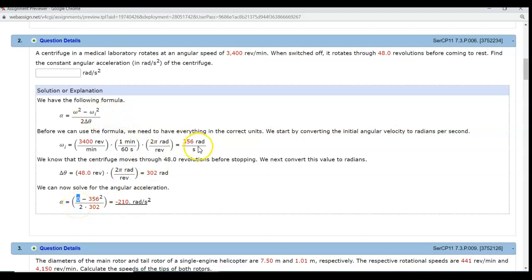That's the omega initial squared there, 356, divided by 2 times 302, which is the radians, or the distance that it went. I don't know if I said that part, times 2. All right, so we come out with negative 210 radians per second squared. And 3 significant figures on these in the division.